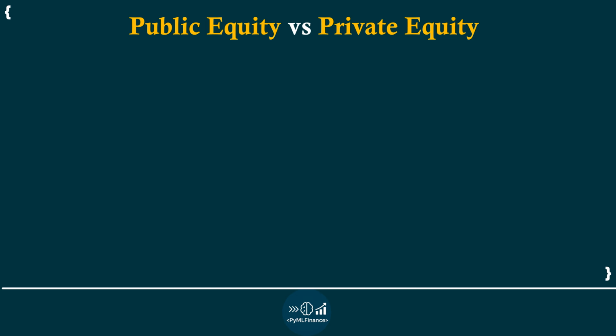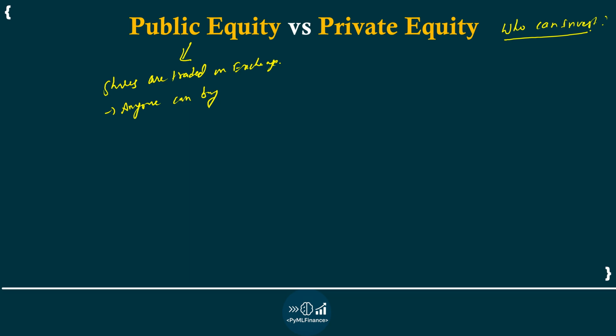Now let's understand public equity versus private equity. This classification is based on who can invest. Coming to public equity, shares are traded on an exchange, so anyone can buy or sell the shares.